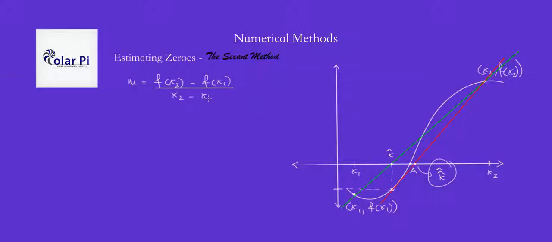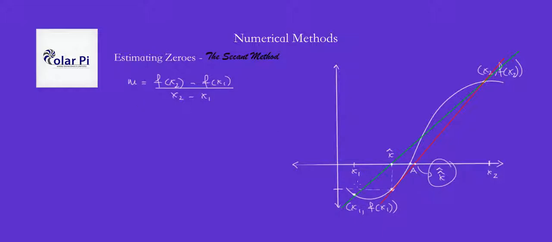I taught this to my Algebra 1 students. I have a very smart bunch, but I taught it to them and they got it, so you should be able to get this if you're in numerical methods. And I'm sorry, I don't mean to make you feel bad if you don't get it. Hopefully, I've explained it well enough.